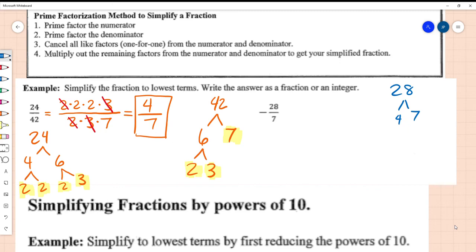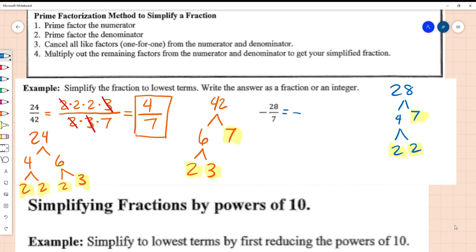But if we want to be consistent, to do the prime factorization, it's not 4 times 7, but 2 times 2 times 7, because 4 is 2 times 2. So just to make sure we know, when we do prime factorization, it is 2 times 2 times 7 at the very ends of our tree. And this is a negative, so our answer is going to be a negative.